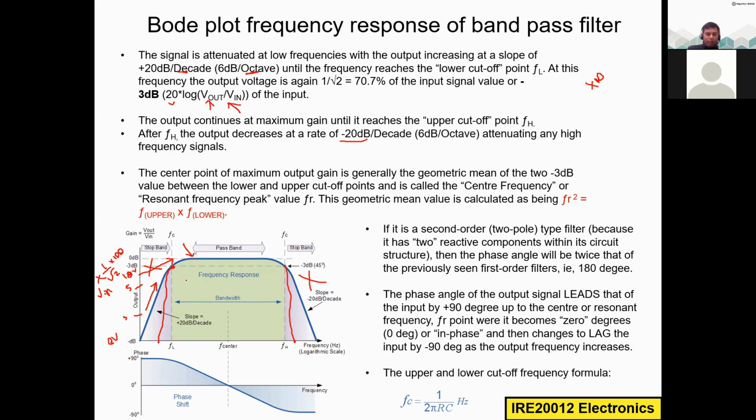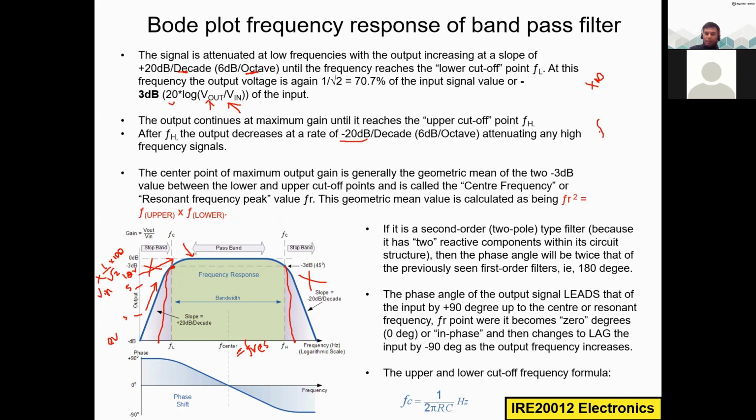So remember, this center frequency is called the resonant frequency, F resonant. There is also a formula to calculate this mathematically: F R square is equal to F upper multiplied by F lower.